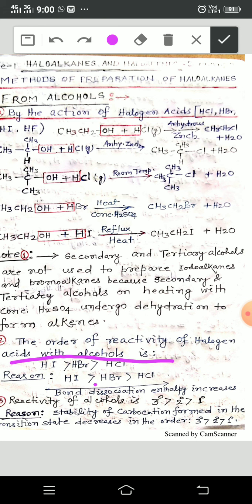Now, reactivity of alcohols is in the order of third degree, second degree, and then first degree. Tertiary alcohol is more reactive than secondary alcohol, and secondary is more reactive than primary. Reason: the stability of the carbocation formed in the transition state decreases in the order third degree to second degree to first degree. That's why it happens.